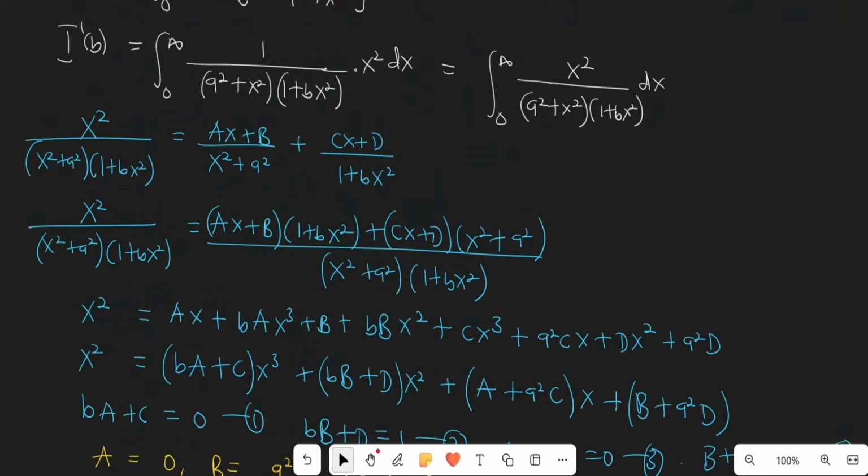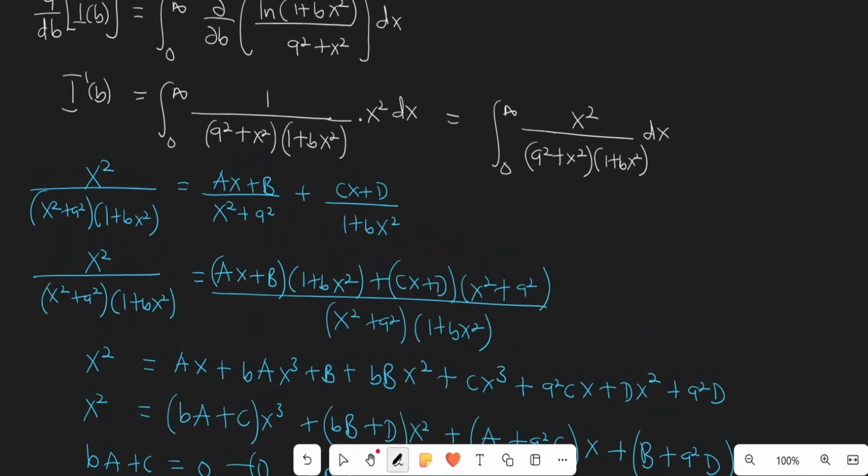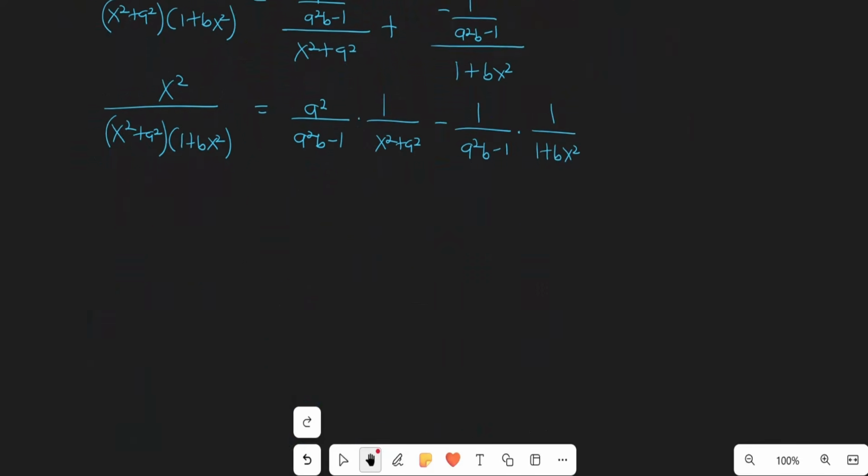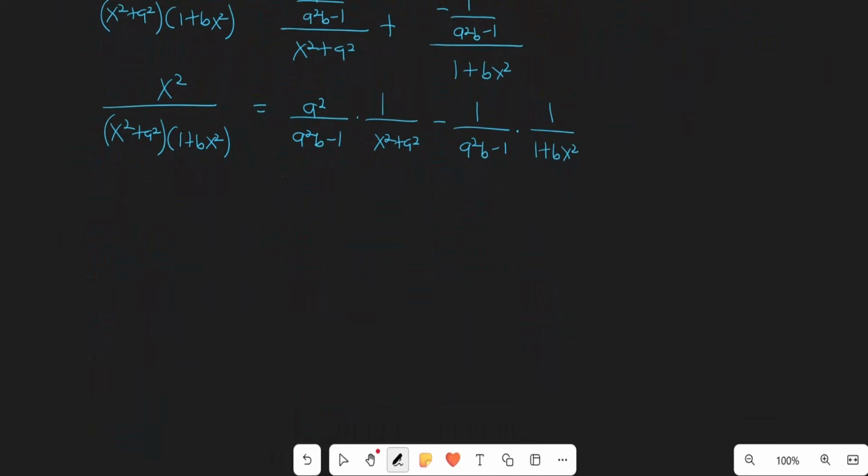Right. So now if you can recall, the integral I prime of b is the integral of this, which is what we have here. So the integral I prime of b is equal to the integral of this one, because they are the same, which is a squared all over a squared b minus 1 times 1 all over x squared plus a squared dx, minus the second one, from 0 to infinity.